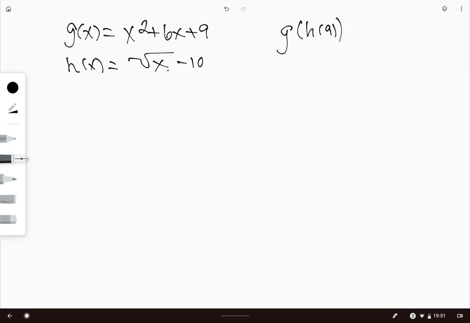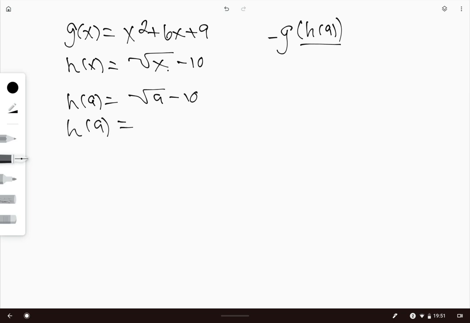So what this means is the first thing that I'm going to do is find h of 9, and then I'm going to take the answer for h of 9 and insert that into g of x. So you have your inside function and your outside function. Let's start with the inside function, which is h of 9. So h of 9 equals the square root of 9 minus 10.